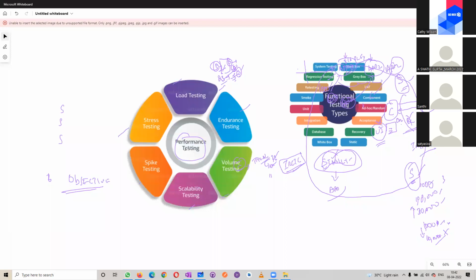And performance testing's objective is to break the stability. We need to know what your maximum capacity is, right? To understand that capacity, we perform performance testing.